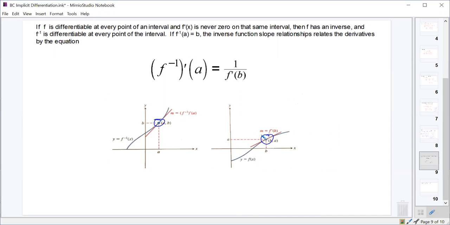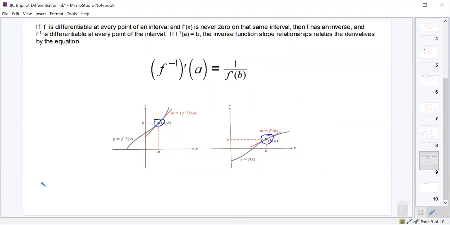So the rule tells us that the derivative of the inverse function at a should be equal to the reciprocal of the other function's derivative at b.